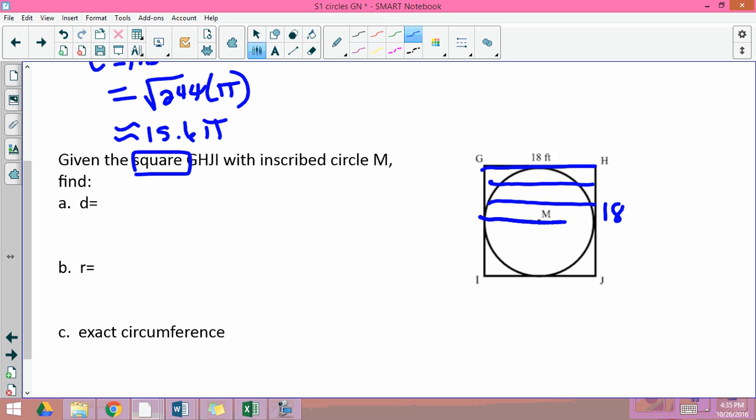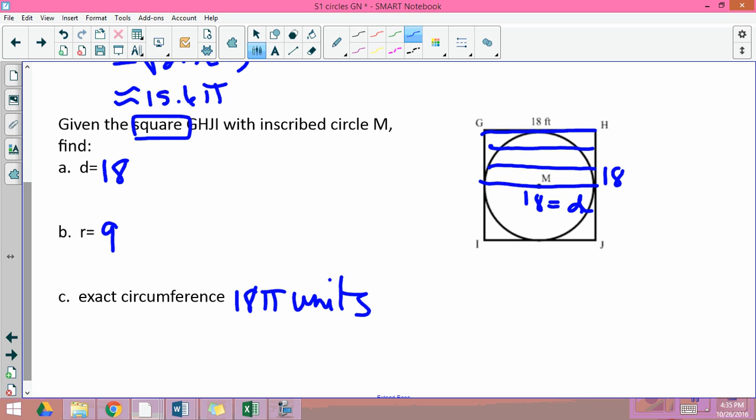And if I happen to go uniquely right there, that is also 18, and where I've drawn it, that is my diameter. Half of that is 9. My exact circumference is 18 pi units. And so knowing things about those circumscribed figures lets us know things about the inscribed figures. So it's a kind of cool way to think about the different figures.